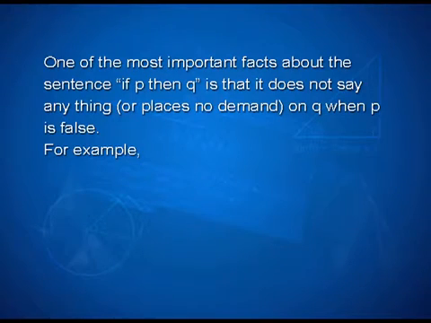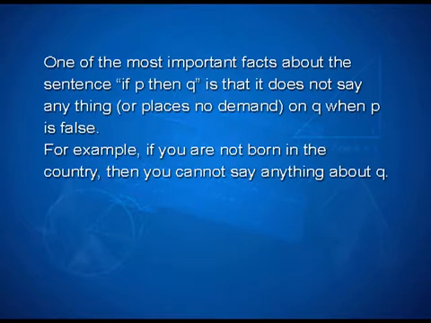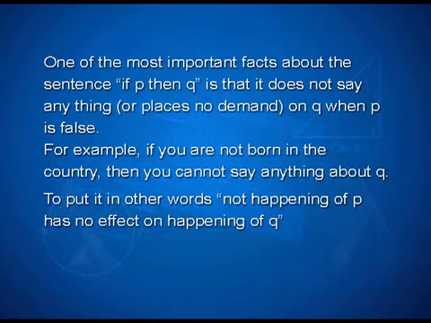For example, if you are not born in the country, then you cannot say anything about Q. To put it in other words, not happening of P has no effect on happening of Q.